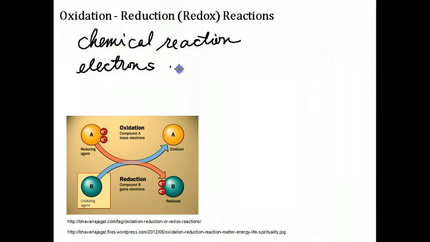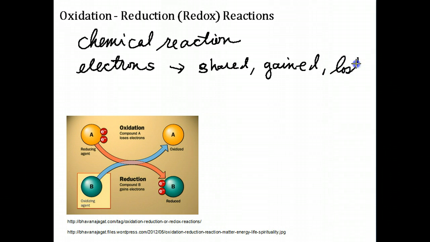These electrons during chemical reactions can either be shared among atoms, or they can be gained by one atom from another. If one atom gains the electrons, that means another atom has lost the electrons. So these electrons can be shuffled or moved around.